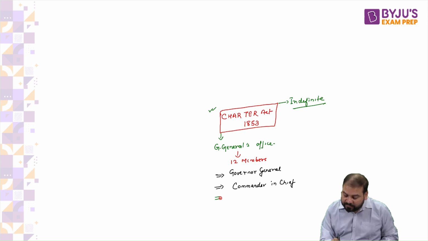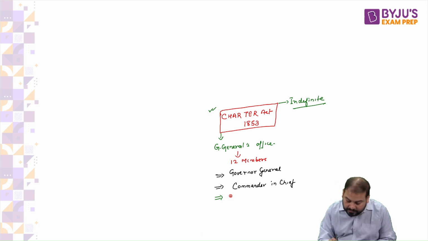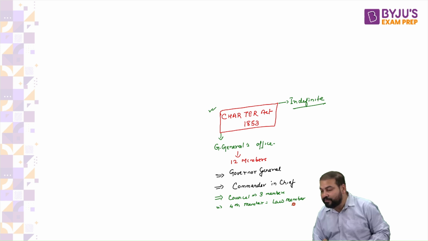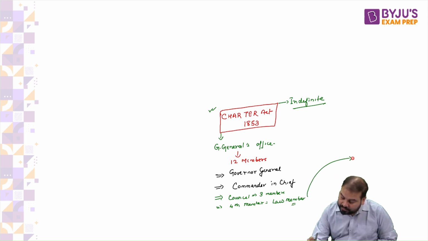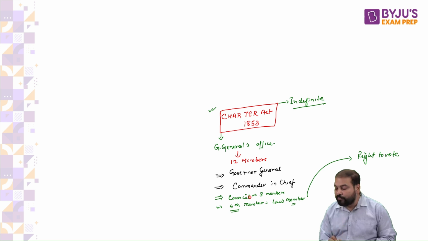How many members were there in his council? 3. But then, the council had 3 members. Along with that, a 4th member, which was a law member, was also made a full-time member. This person had the right to vote also in these meetings. So now the council had 4 members.